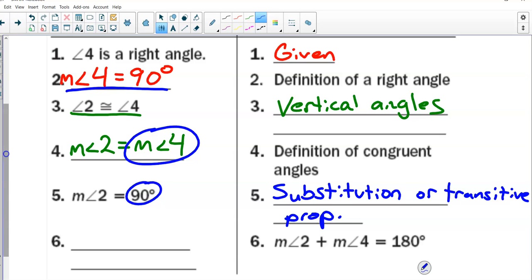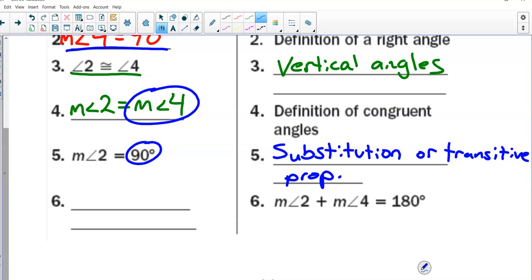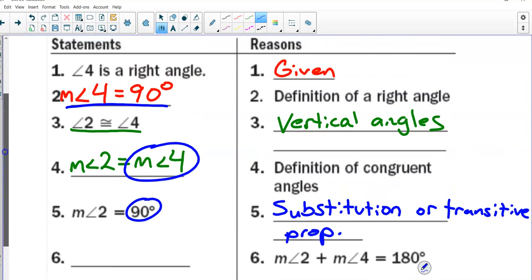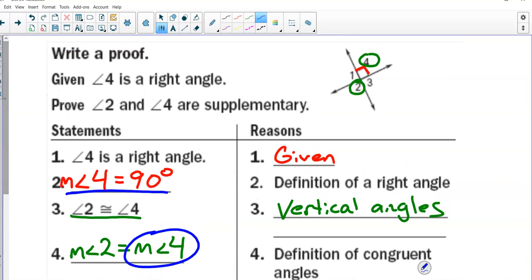Then that leaves us with our final statement, number 6. We have the reason, measure of angle 2 plus the measure of angle 4 equals 180 degrees, and we just need the statement. Well, underneath our given on any proof, it gives you some given information that tells you what you need to prove. We need to prove angle 2 and angle 4 are supplementary.